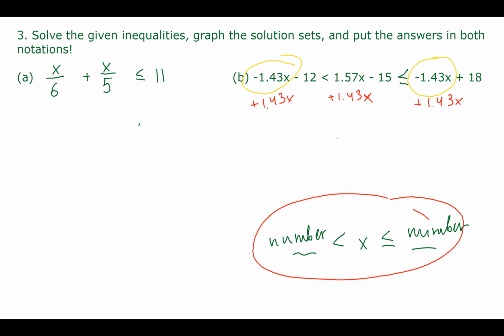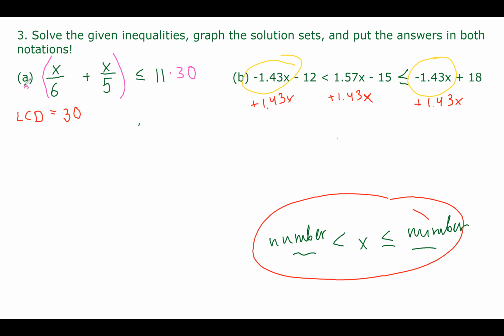Okay, Elaine, I'll reply. Let me put it up. LCD is equal to 30, right? Now, if the LCD is 30, I can get rid of the denominators by multiplying both sides by 30.